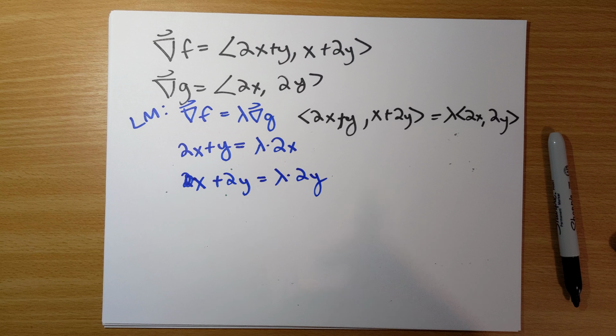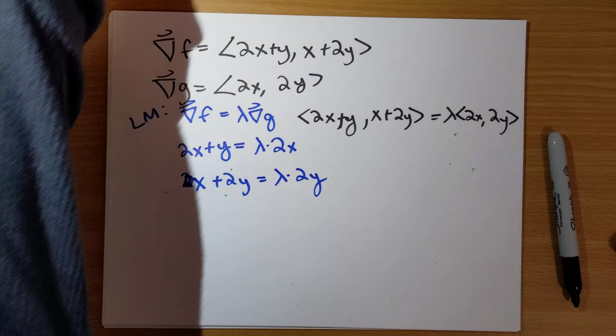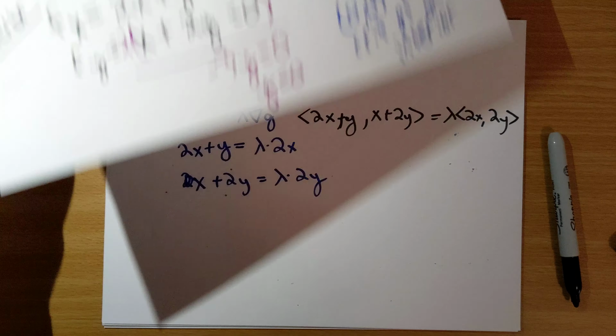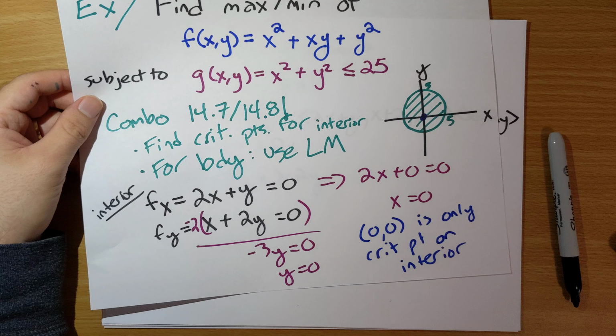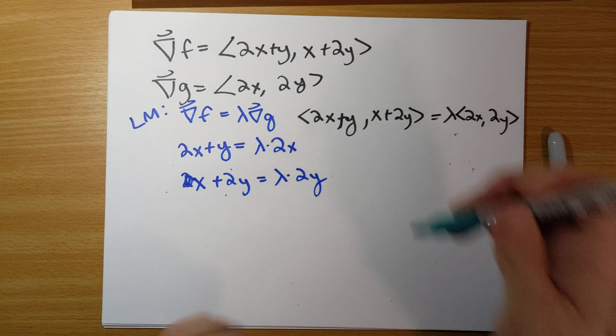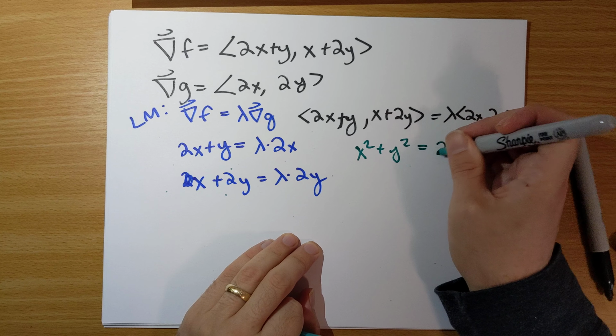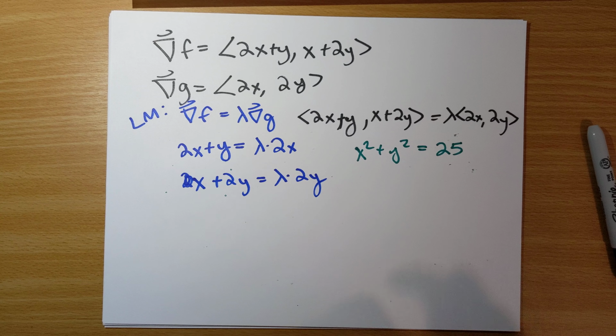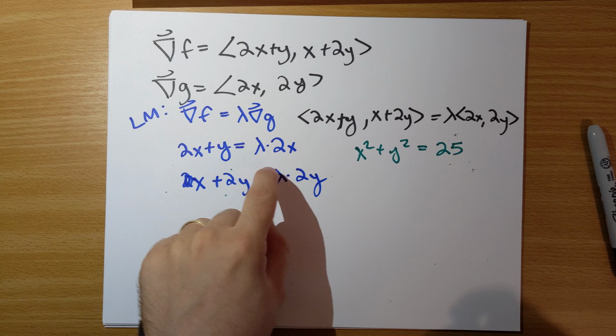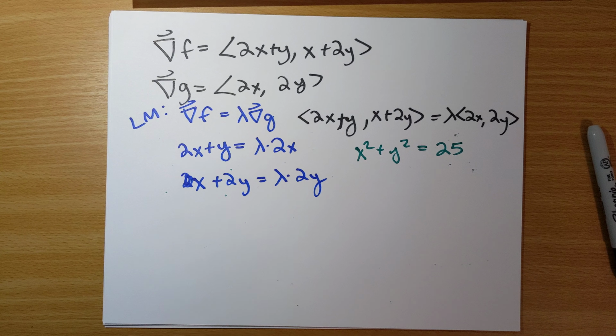These are the equations that we need to solve, along with, of course, the constraint that g(x,y), so x² + y², exactly equals 25. So we have three variables, x, y, and lambda, and three equations.